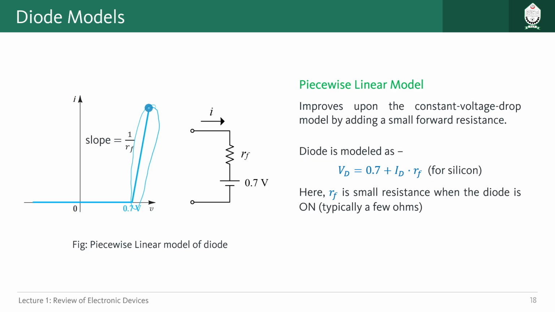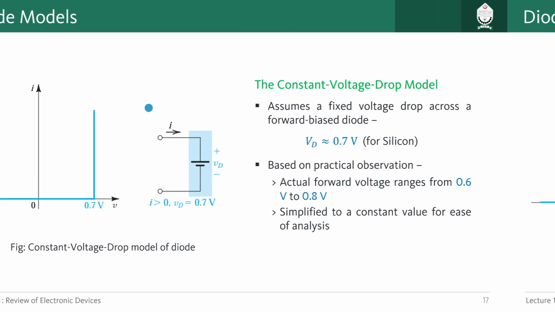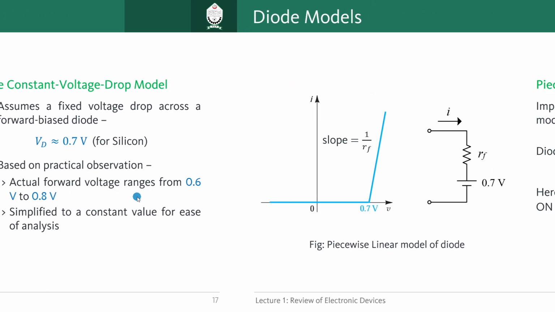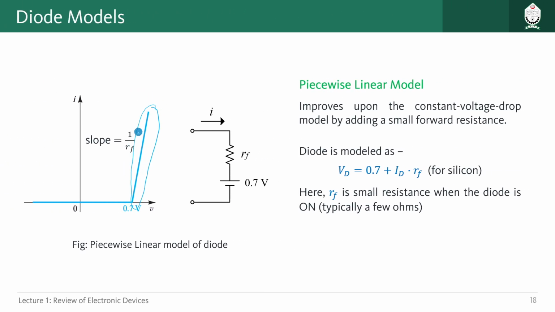You can see that previously, for the constant voltage drop model, this was a vertical straight line, which means zero resistance, but here there will be some resistance, and the slope of this line will be 1 by RF. RF is the resistance of the diode after it has reached the fully forward biased condition.